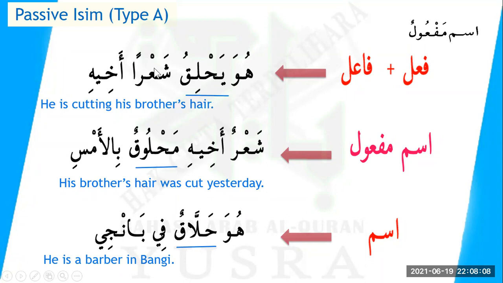In this case, sha'ran with a fatha to indicate that the hair is the object of the verb. Okay, that's all. So, Ustaz, is it the case that anytime the object of the verb will take tanween or something like that? It takes fatha all the time?